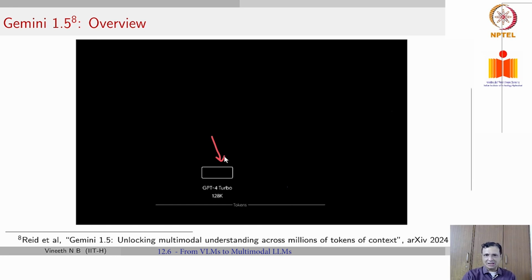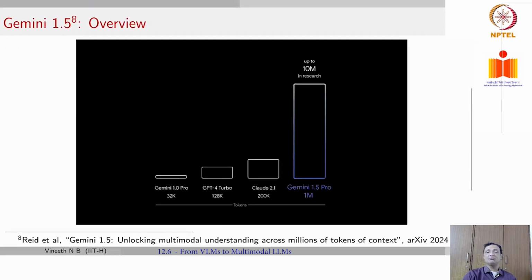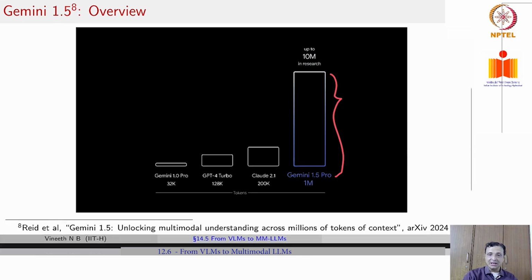Please keep in mind, tokens are the inputs that you give to the LLM model itself. Claude 2.1, which is another LLM model, takes in 200k tokens. Gemini 1 Pro took about 32k tokens, and all of a sudden with Gemini 1.5 things have gone up to 10 million tokens. What does 10 million tokens really mean?